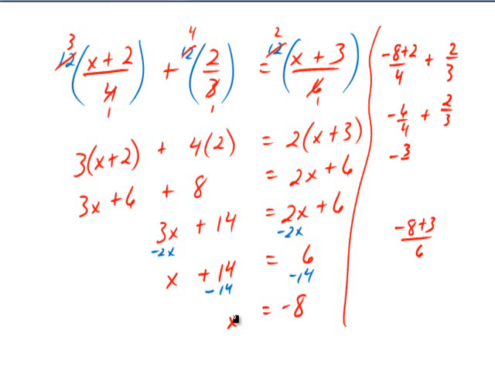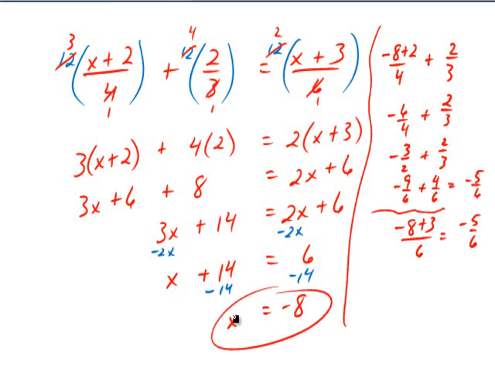This is negative 3/2 plus 2/3. I need the same denominator, so let's multiply this first fraction top and bottom by 3. Multiply top and bottom of this other fraction by 2. And I get negative 5/6. On the right-hand side, if I simplify that, I also get negative 5/6, so this answer checks out.